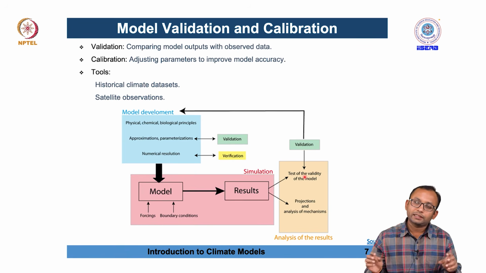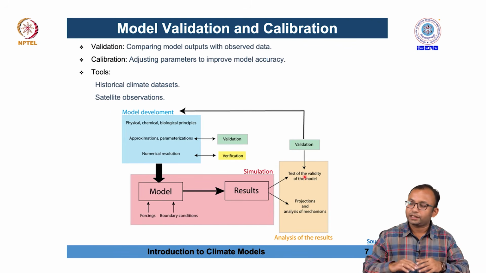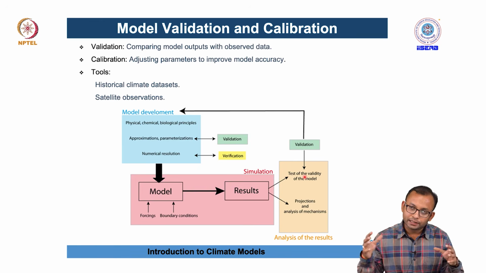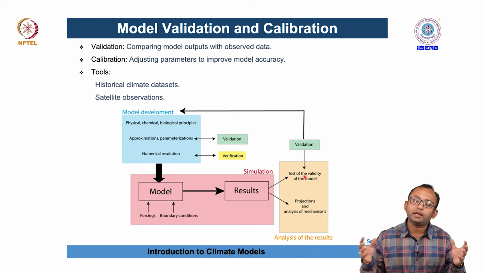Calibration is, let's say you have a mathematical representation of different processes in a climate model. These mathematical equations might have some parameters A, B, C, if you think about linear regression, non-linear equations, or quadratic equations.